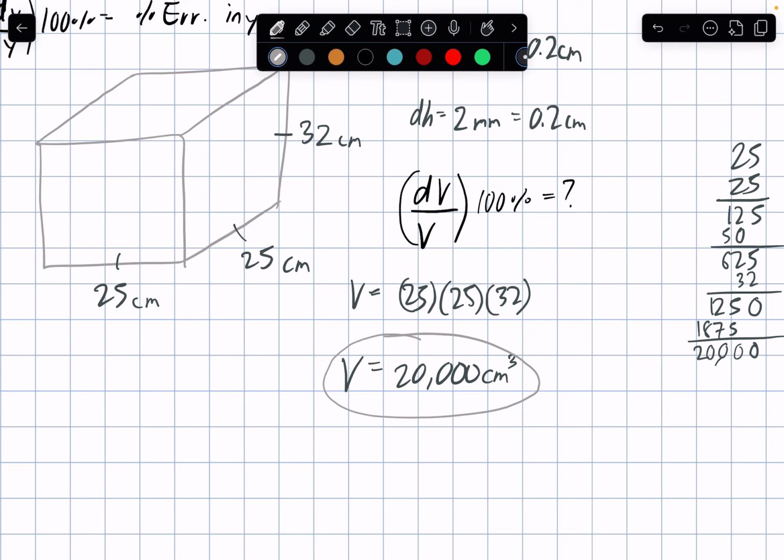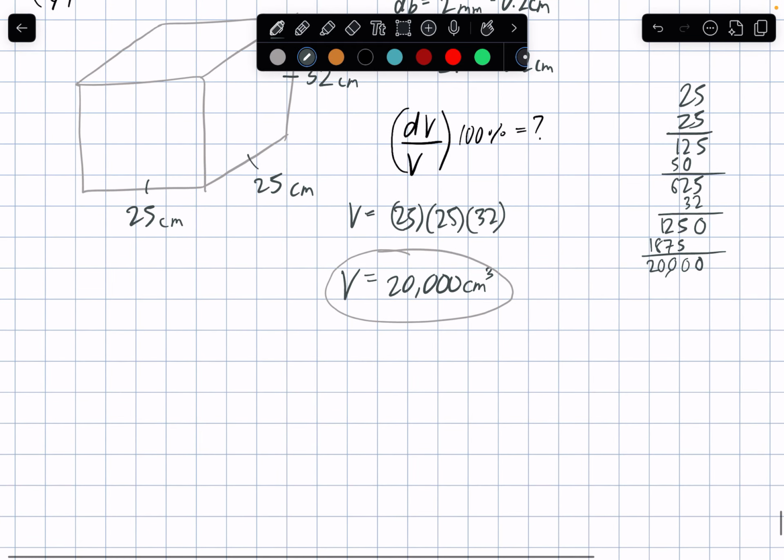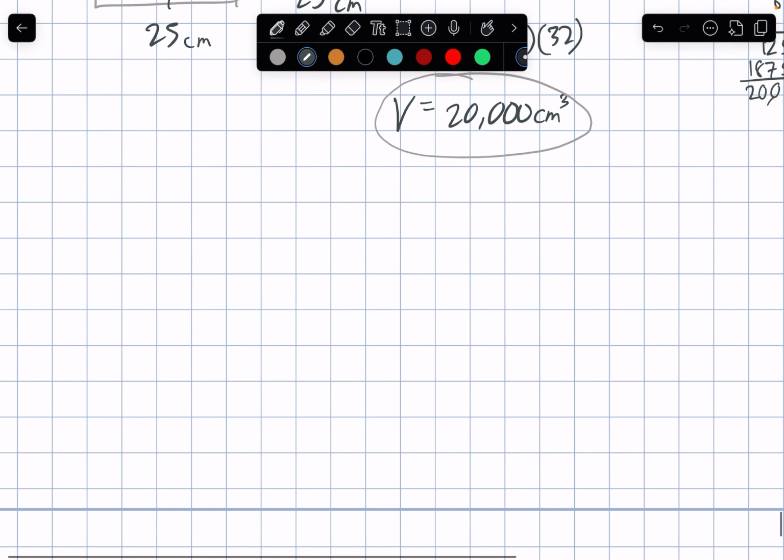Now we have to look for dV. We can actually solve this three ways, but I'll show two of them.